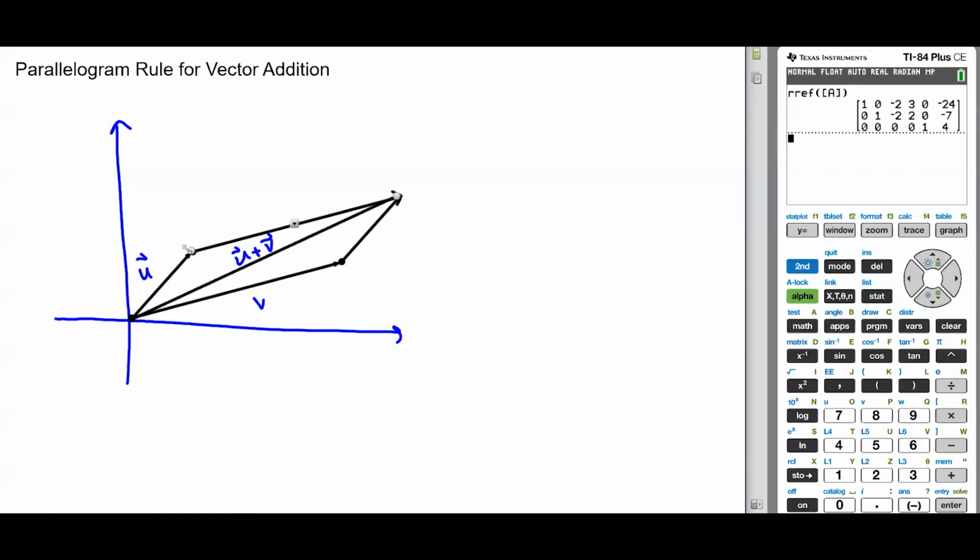It's a rectangle that's been knocked over. It's got a slant to it. The angles aren't 90 degrees. It also turns out that if you subtract the vectors, you get this opposite diagonal. So this diagonal would be u minus v, and this diagonal is u plus v.